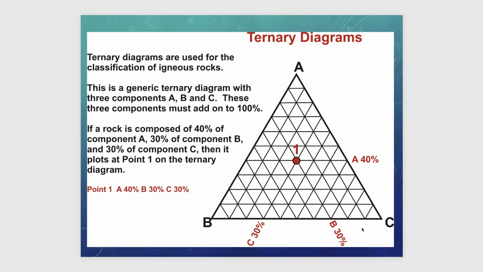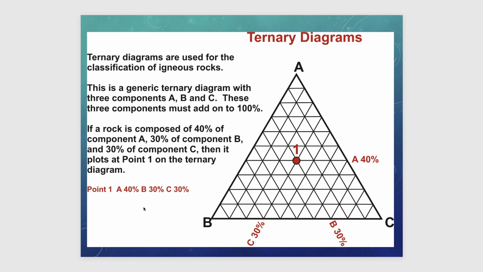What about C? We can count again. This is 90% C, 80, 70, 60, 50, 40, and 30% line for C, which is correct. And what's the last percentage? It's represented by these other lines orthogonal to A. So if we count from 90, we go down to 80, 70, 60, 50, and that's your 40% A. So as you see, by counting the percentages, we can place a point, and this corresponds to these initial compositions.